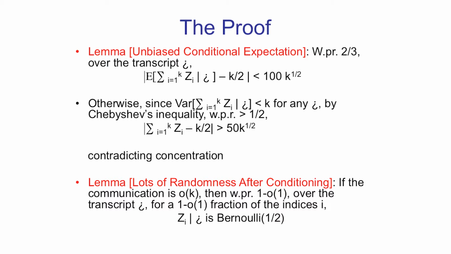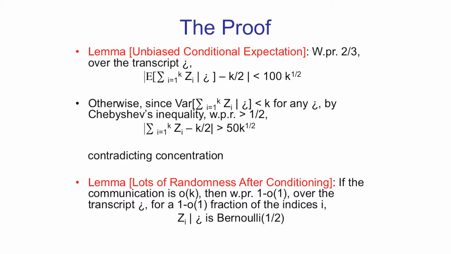Okay? What did we say on the previous slide? We said that when we fix the transcript, these zi given the transcripts are either fixed to 0, fixed to 1, or uniformly random coin tosses, right? And I'm just saying that most of them have to be uniformly random coin tosses. Why? Well, you have 2 to the k total inputs, right?